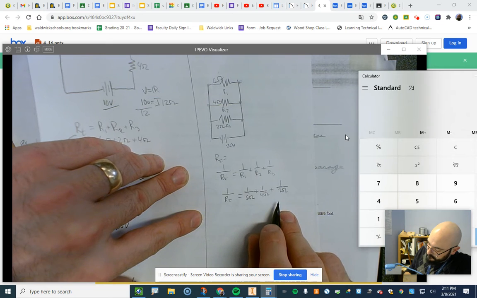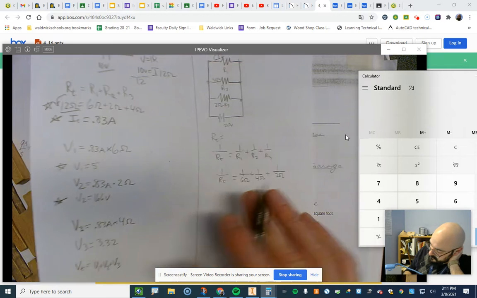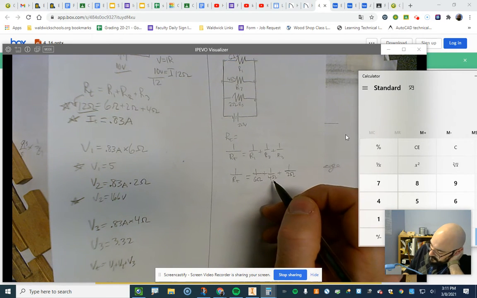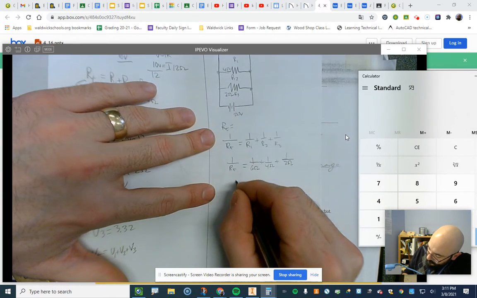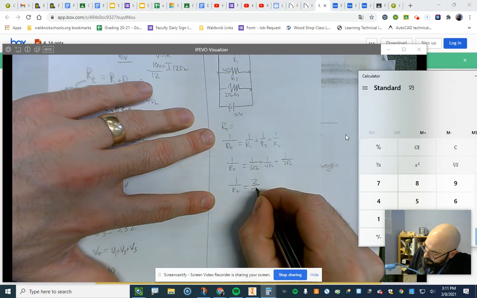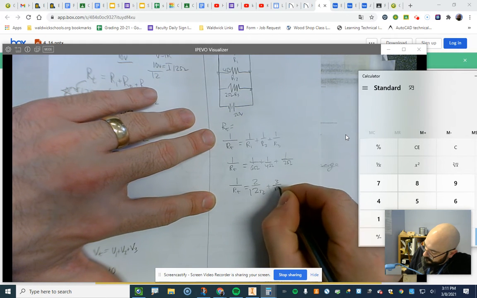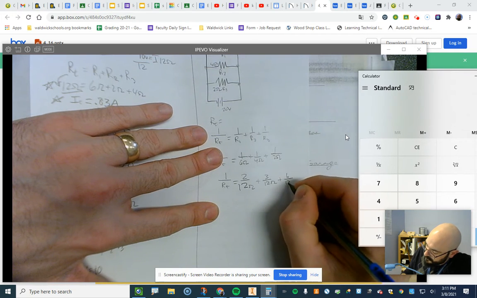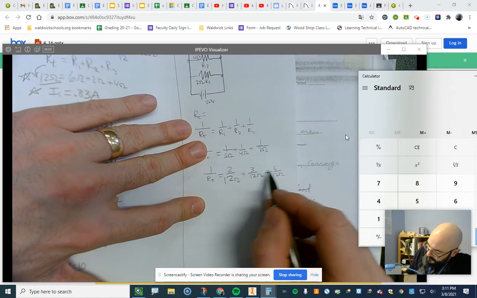All right. Let's see. Let's turn these all into 24. Do I have to do 24? 12? I can do 12. Okay, 12. So 1 over RT equals 2 over 12 ohms plus 3 over 12 ohms. That should be 1/4. Plus 6 over 12 ohms. Common denominator. And now what we're going to do, 2 and 3 is 5 and 6 is 11.